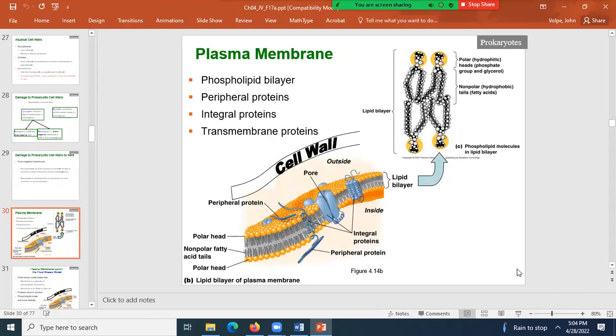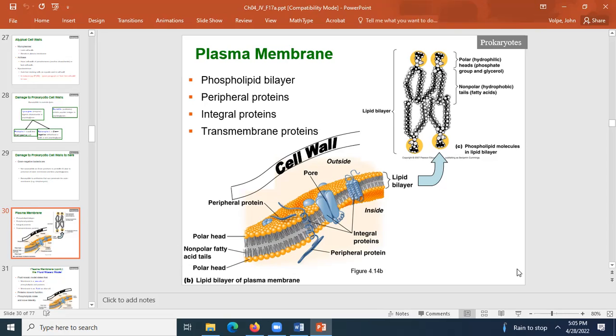All right, let's talk a little bit about the plasma membrane. It's what separates what's inside the cell from what's outside the cell. It is a little bit confusing if you think about it. We consider the cell wall to be a part of the cell, yet it is outside of the cell membrane.